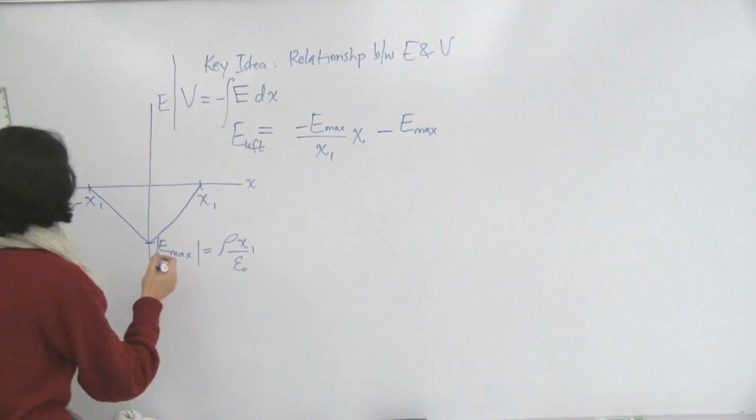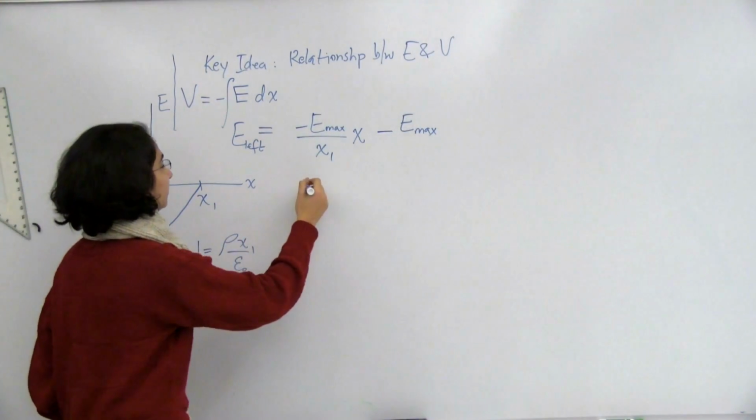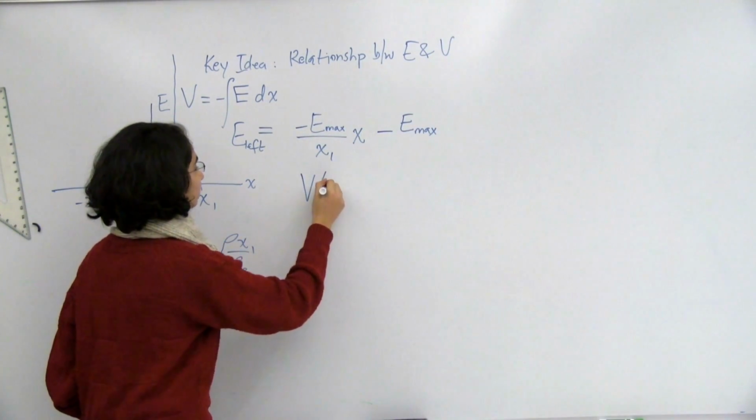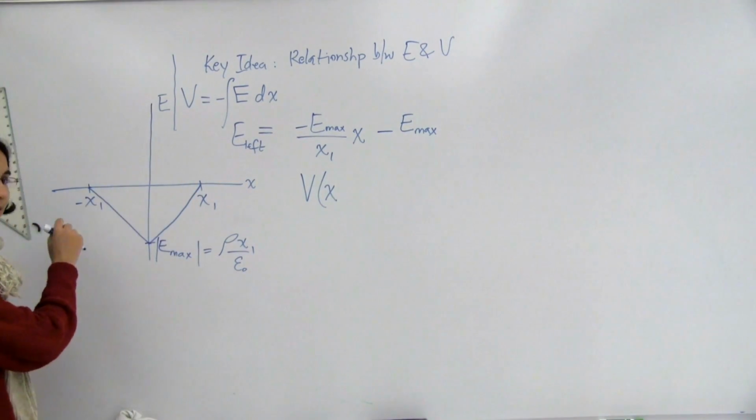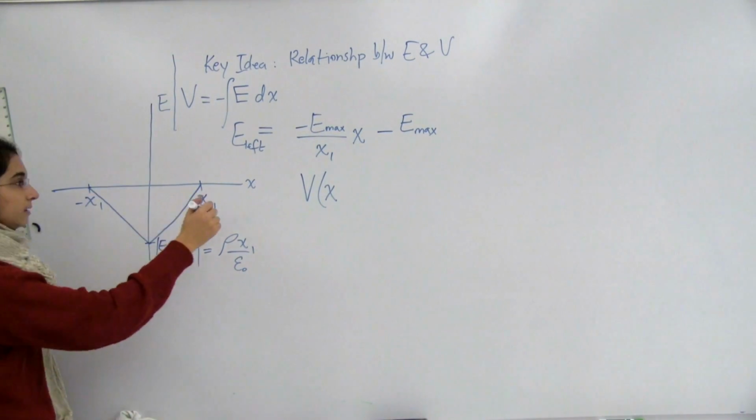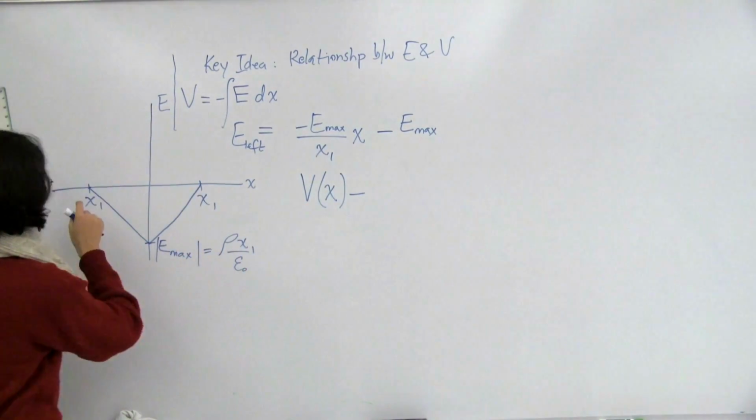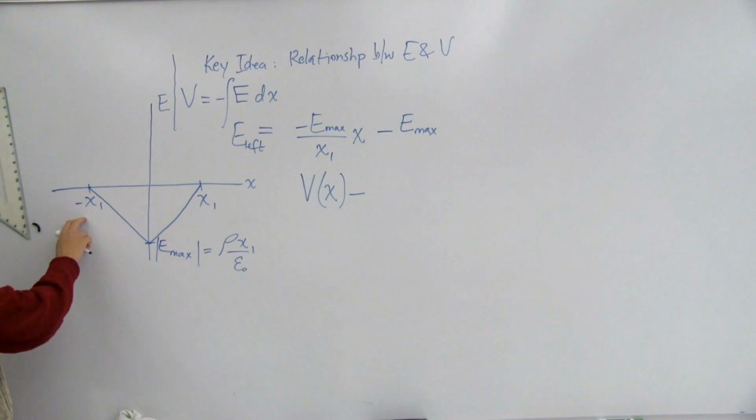It's going to be a potential difference of V at some x between negative x1 and 0 minus V at negative x1.